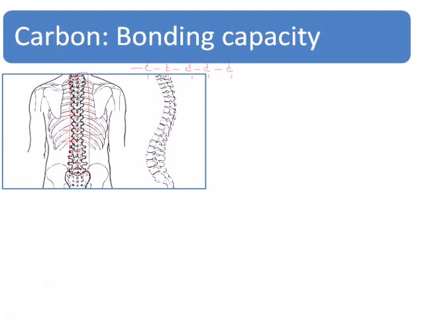One, we know that carbon is in group 14 from what we did when we looked at bonding and atomic structure. The periodic table looks something like this, and carbon is in group 14 right there.